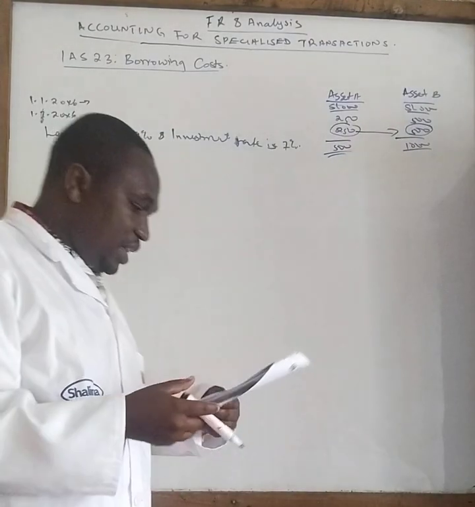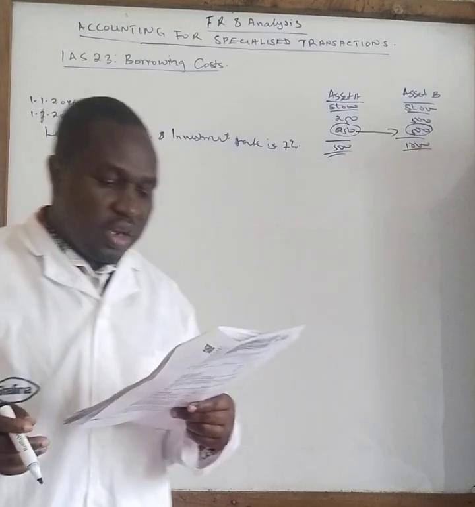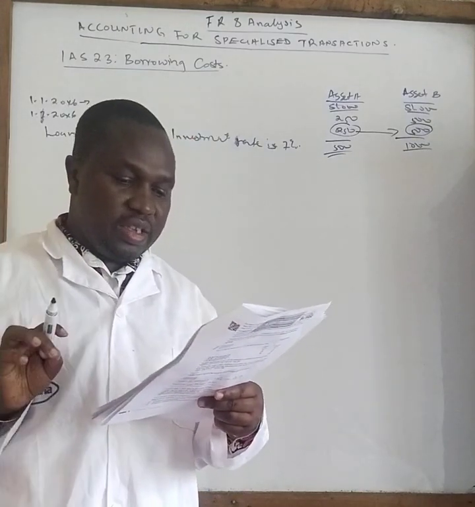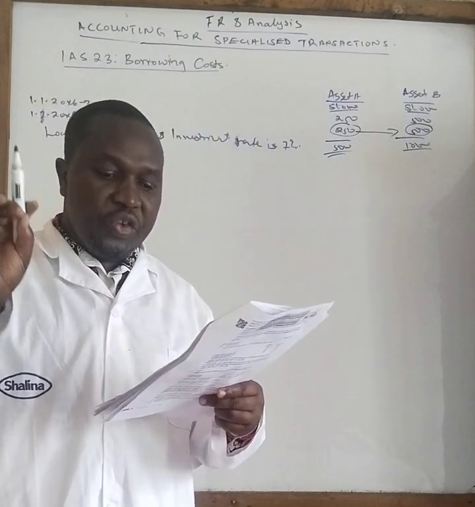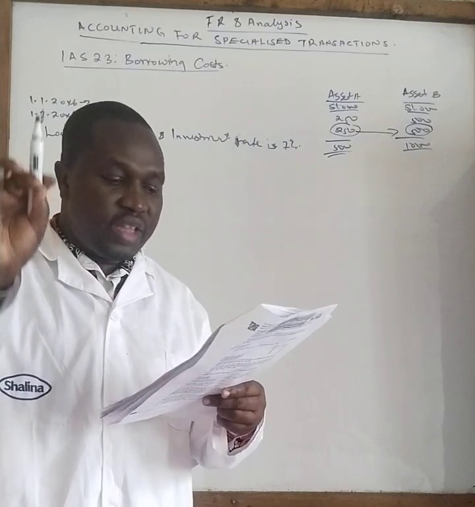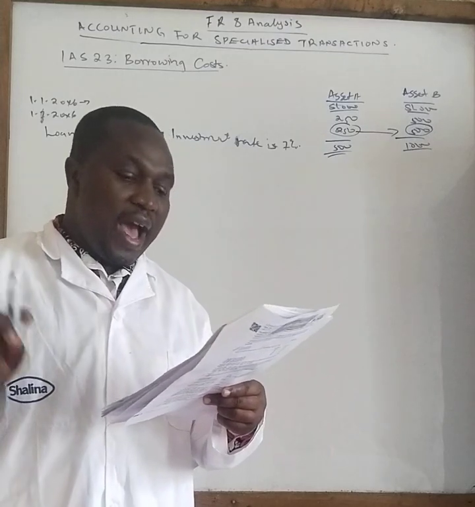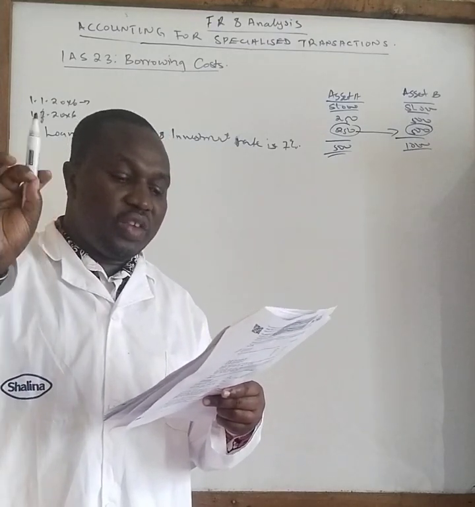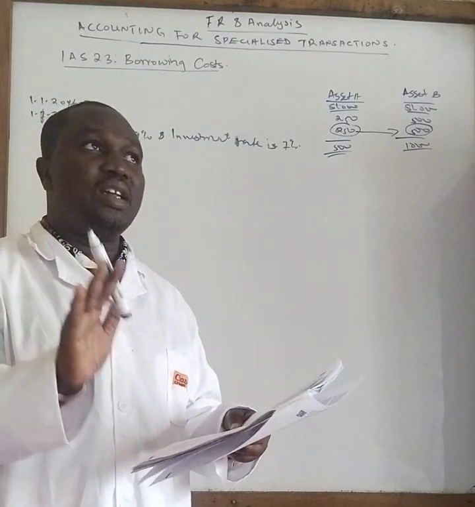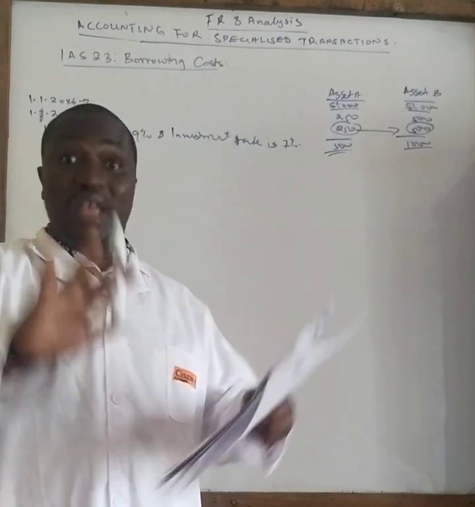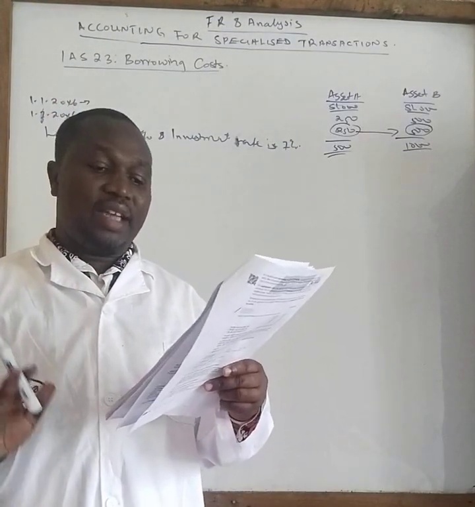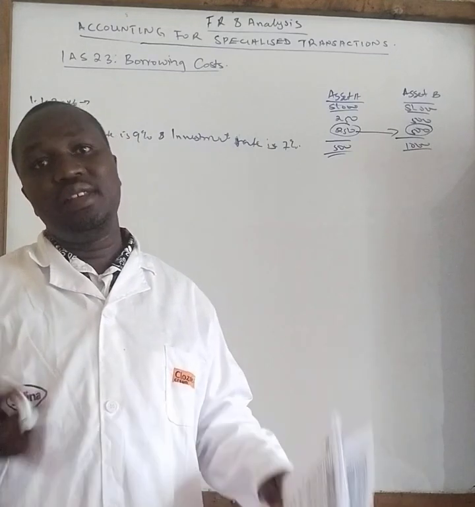Correct? So the question is saying, ignoring compound interest, calculate the borrowing costs which may be capitalized for each of the assets, which should be added on the qualifying asset, and consequently the cost of each asset. So they want us to calculate the borrowing cost and the cost of the entire asset as at 31st of December 20x6.